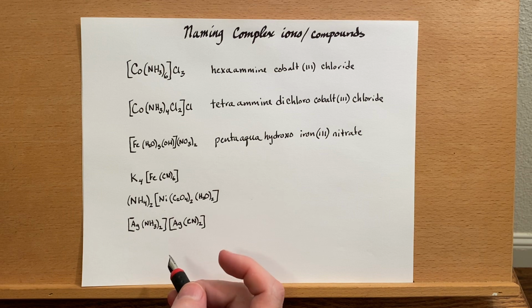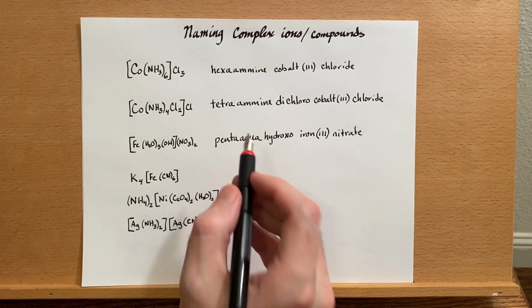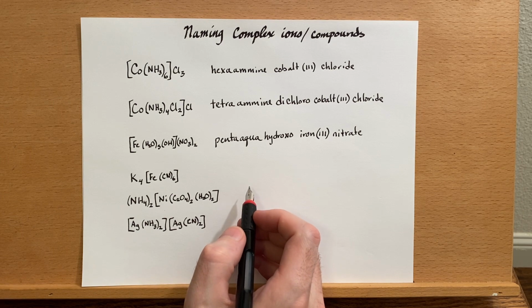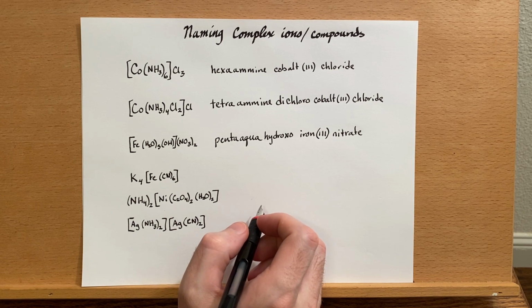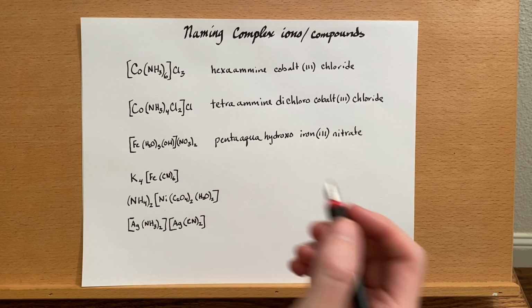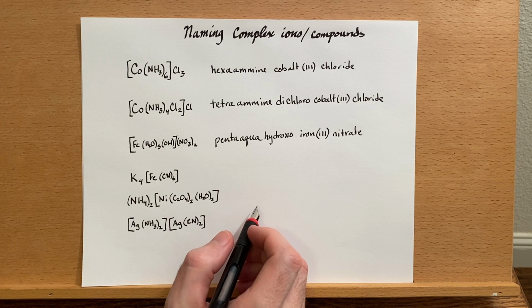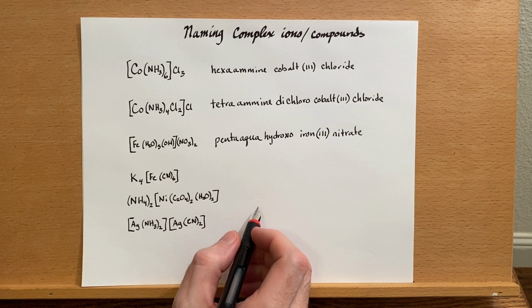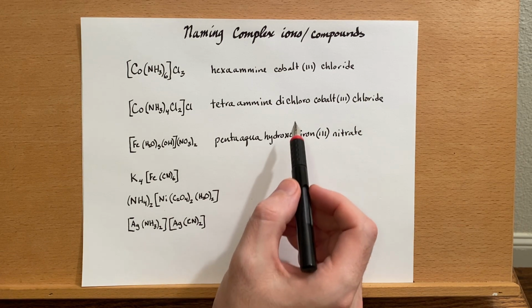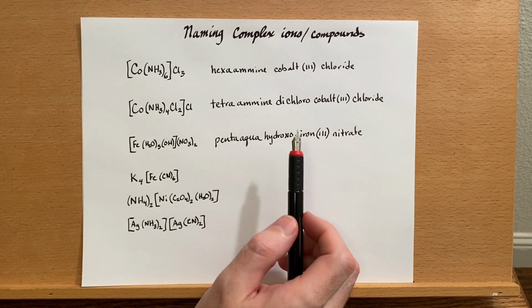Okay, so remember, alphabetical order, don't drop the A, and you may have to look up some of these ligands, and you'll find it in most textbooks or online what the names of various ligands are. But you can probably guess what some of them are. So for example, if we had a bromine here instead of chlorine, you'd just call it bromo.